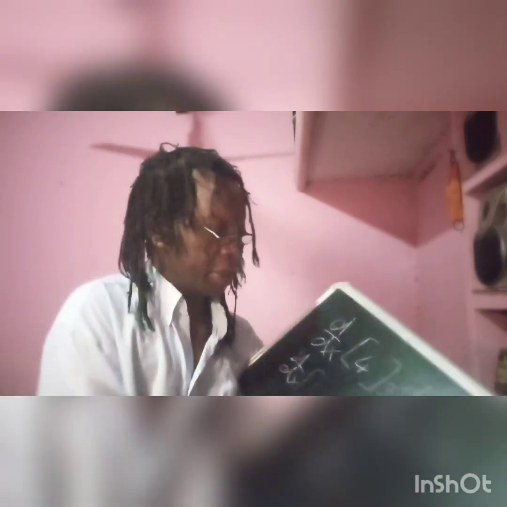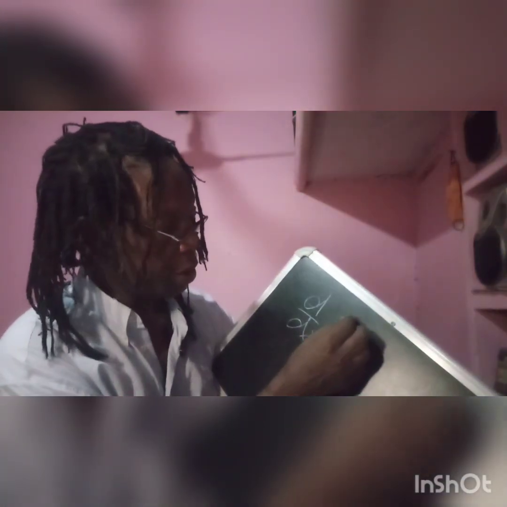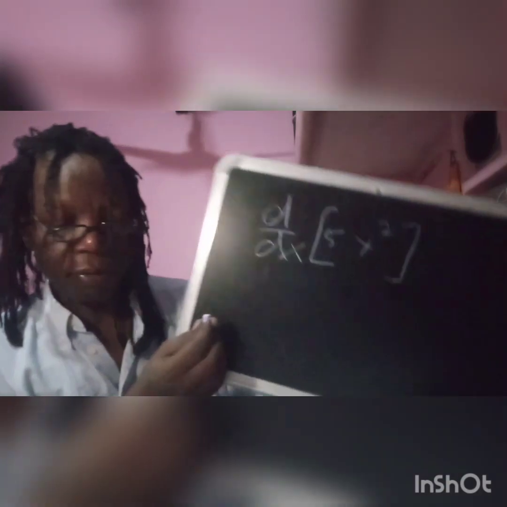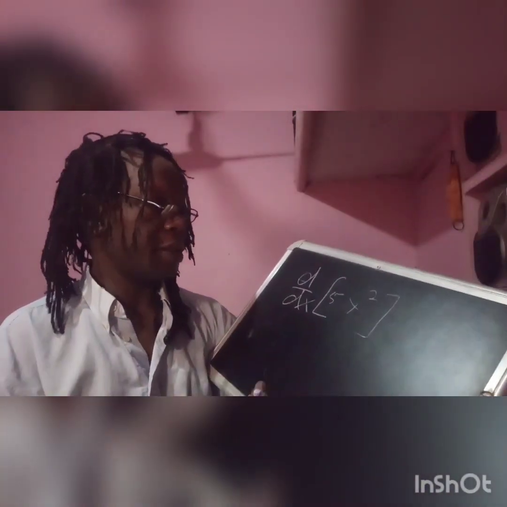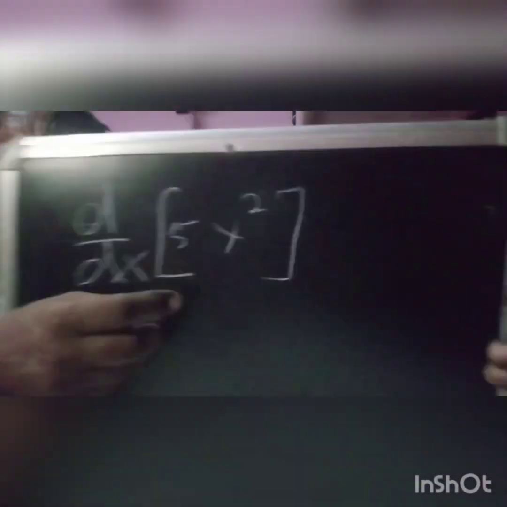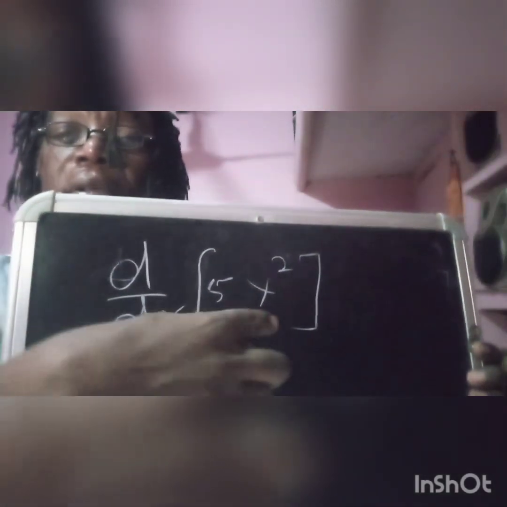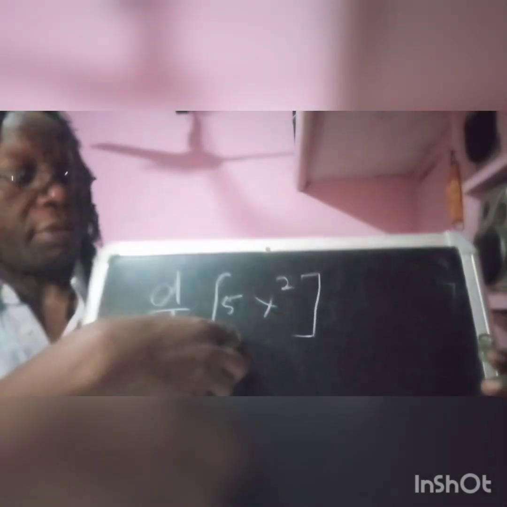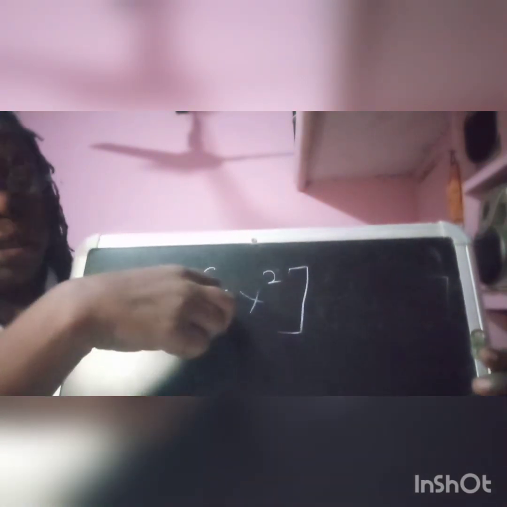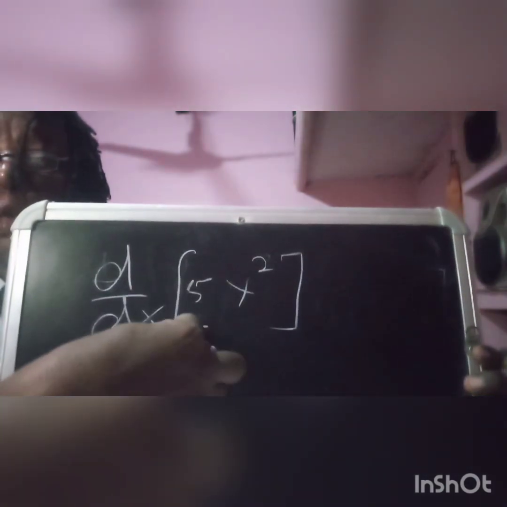So we can have several examples. For practice's sake, you can put any value. For example, 5 times x squared. Then you can differentiate this. It's very simple. You write it down, and you bring the exponent in front and multiply it by the coefficient.